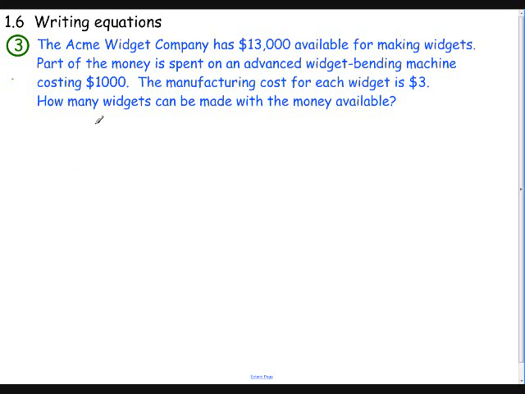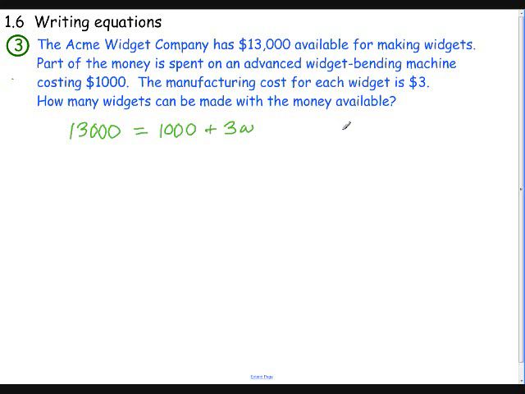Okay, so I got a total of $13,000. That's my total. And out of that total, I am going to have $1,000 that I have to buy the machine, and then $3 for each widget.